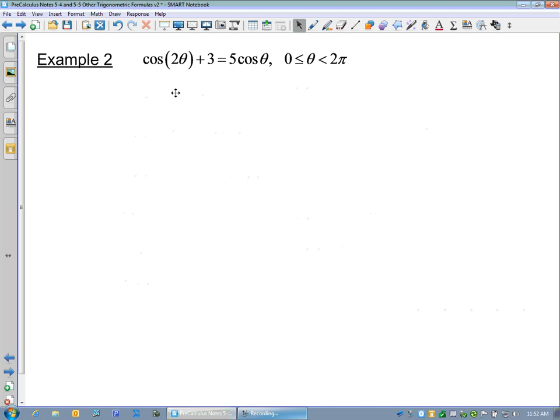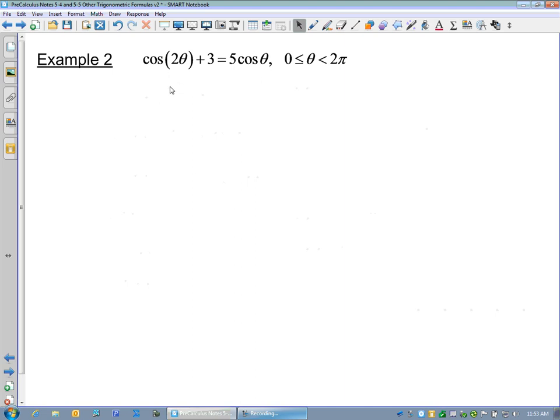All right, one thing that jumps out at me with the problem right away is the fact that our arguments are not the same. We have one trig function, which is good, but we have different arguments. So we need to find a way to make our arguments the same, and this is where that double angle formula is going to come in handy. So cosine of 2 theta, that doesn't help me if I'm going to be working with cosine of theta.